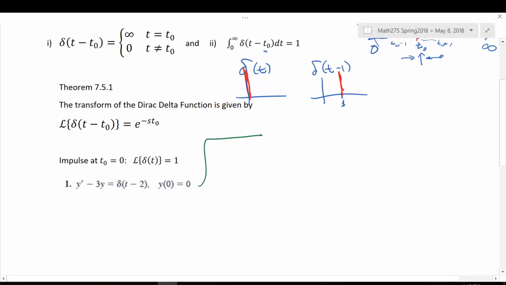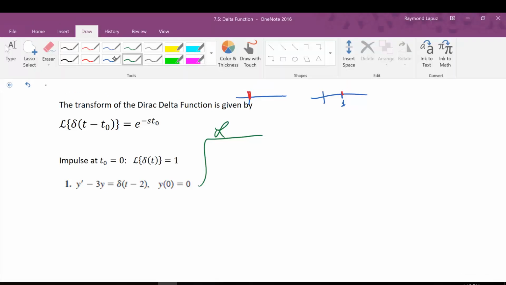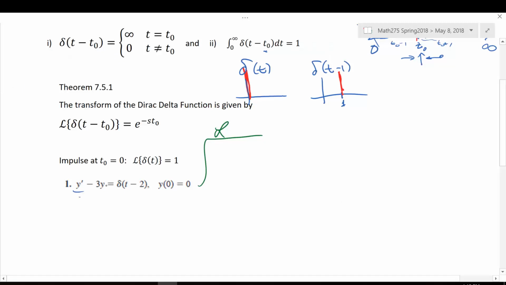All right, let's solve this. Let's take this to the Laplace world. The first derivative becomes s times capital Y of s, minus y of 0, minus 3 times Y, and then the delta function.